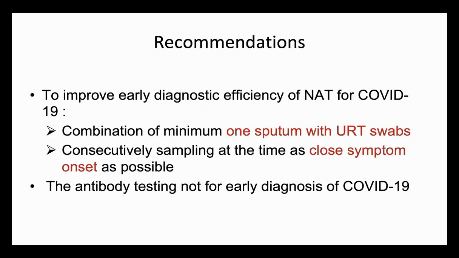So taken together, to improve early diagnostic efficiency of nucleic acid testing for COVID-19, a combination of a minimum of 1 sputum with upper respiratory tract swabs is a good choice. Consecutive sampling as close to symptom onset as possible will be better. Antibody testing is not for early diagnosis of COVID-19.